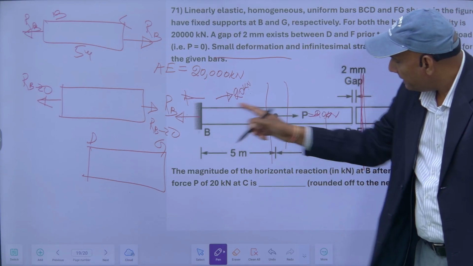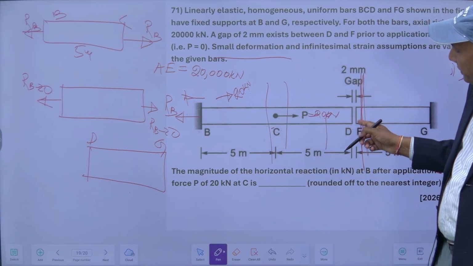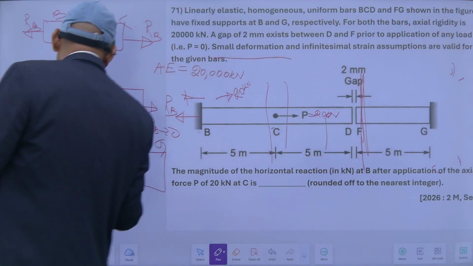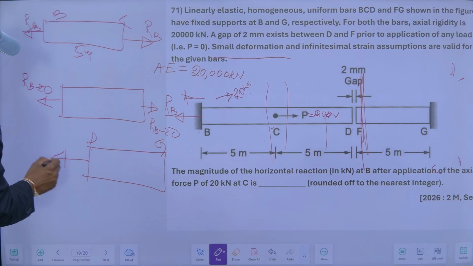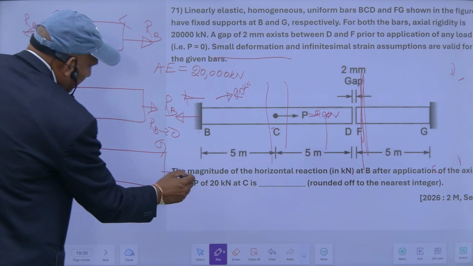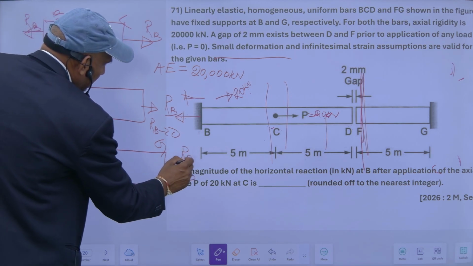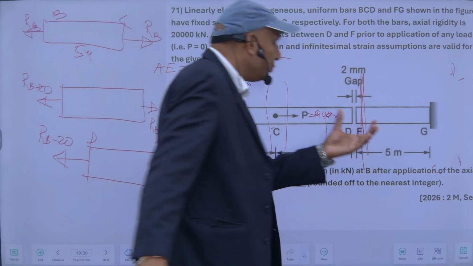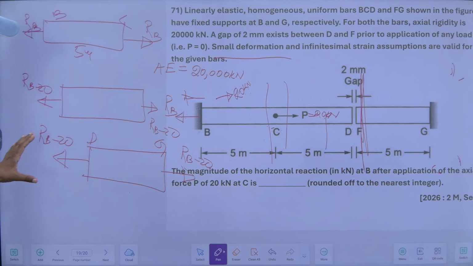This is RB and this is 20. So force here will also be same. No additional force is here. So it will be RB minus 20. So this will also be RB minus 20. Means in this portion and this portion there is no change. Same force is here. You can simply write like this.